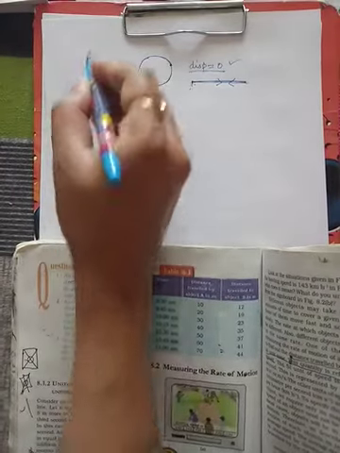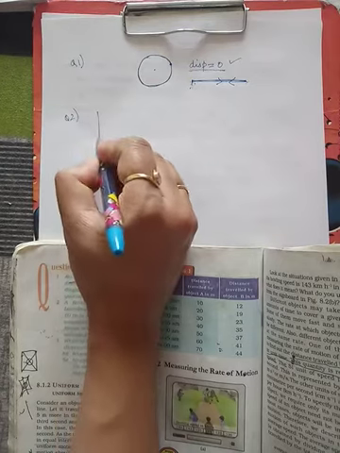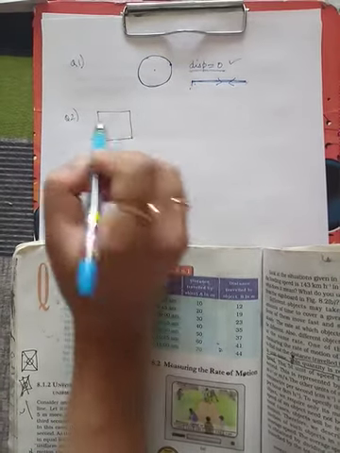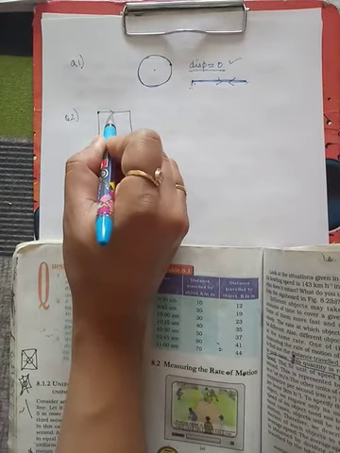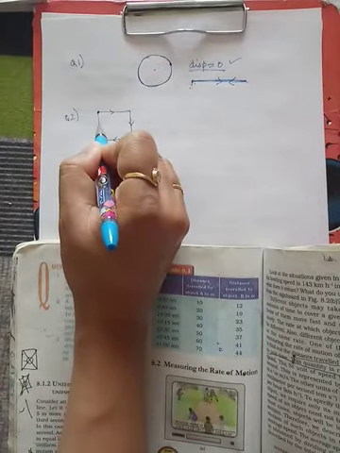So let's consider a square field. Okay, suppose this is a square field. This was question number 1. This was question number 2. This is a square field that a farmer is having. Suppose a farmer started from this position and he is moving along the boundary.